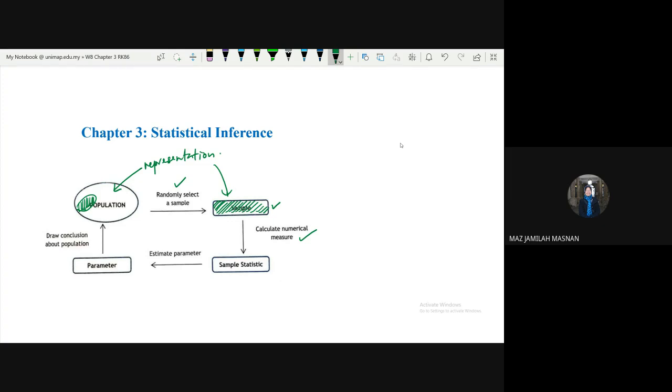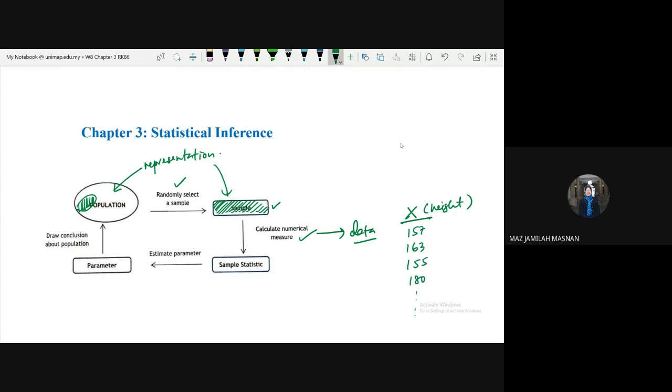Once you measure, you are going to have your data, and this data is called your X. For example, the heights will be 157, 163, 155, 180, and so on.